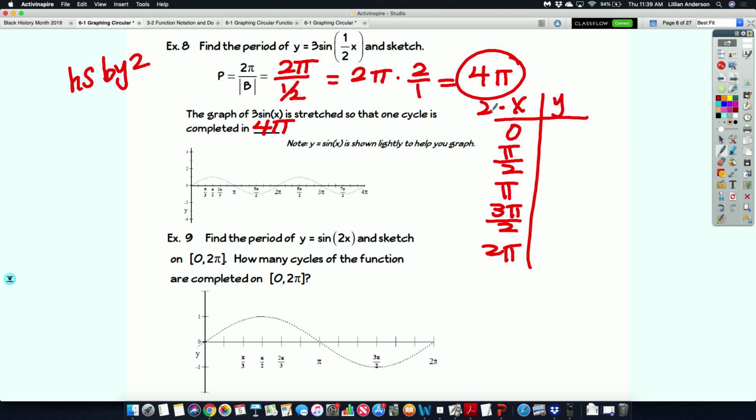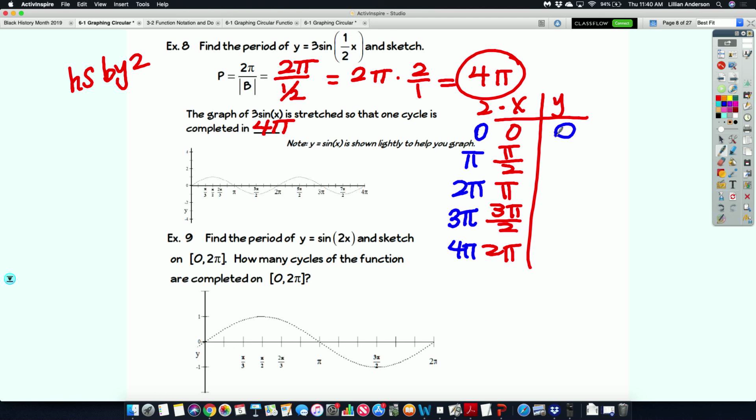So what's 0 times 2? 2 pi, pi over 2 times 2. Pi. What's 2 times pi? 3 pi over 2 times 2. That's 3 pi. And what's 2 pi times 2? So those are going to be the x's that we plot.